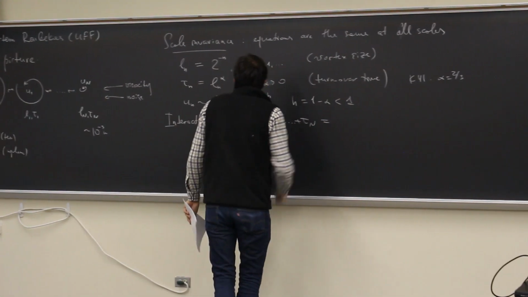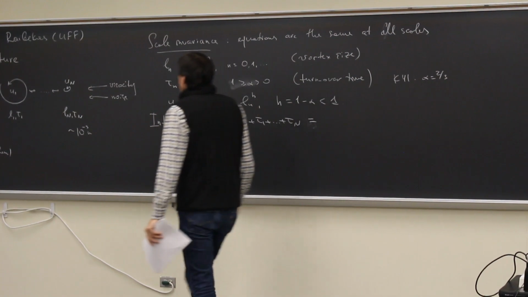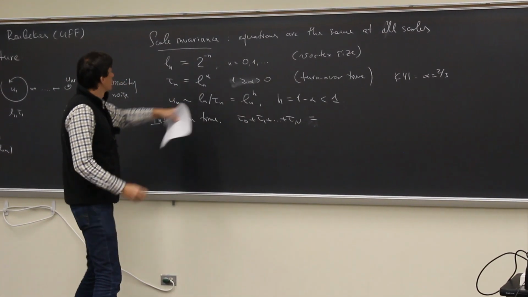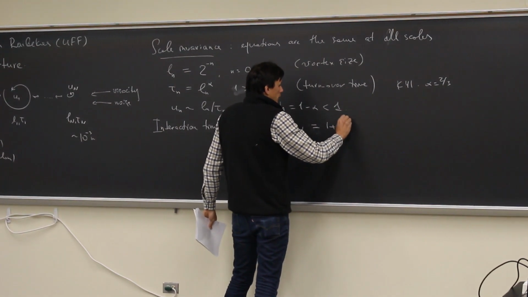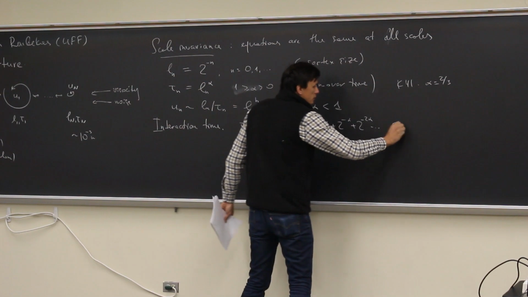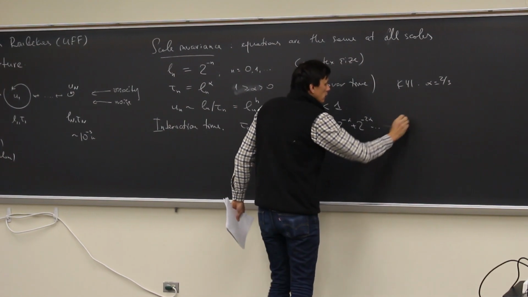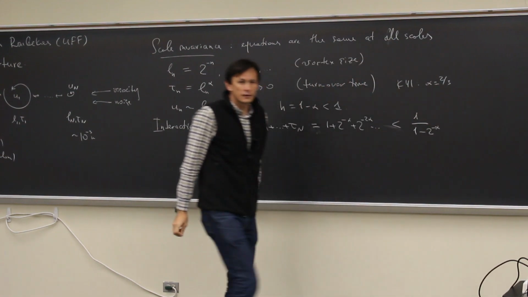And this you can sum up because this is a geometric sequence. This is 1 plus 2 to the minus alpha plus 2 to the minus 2 alpha, and so on, and this is smaller than 1 over 1 minus 2 to the minus alpha. It does not depend on n.